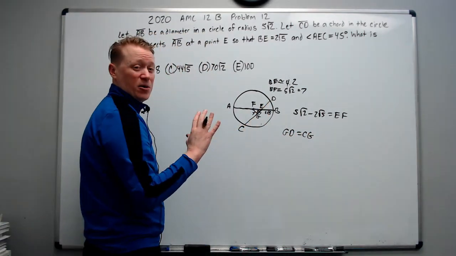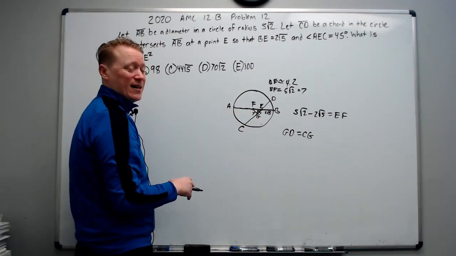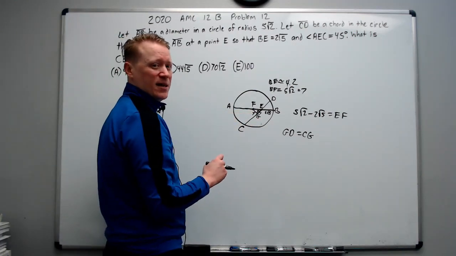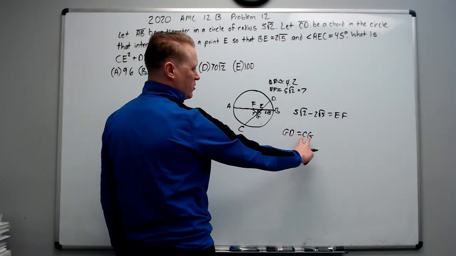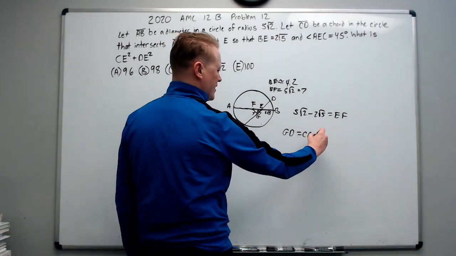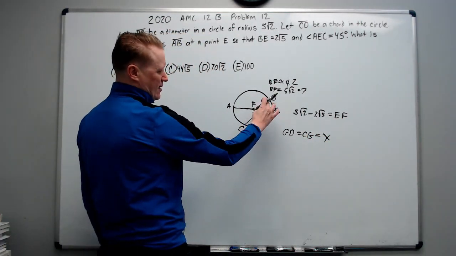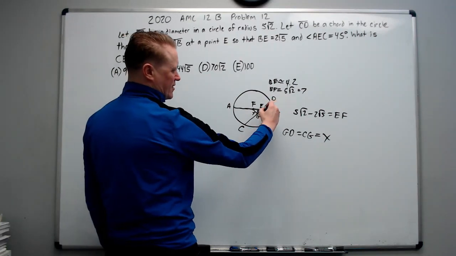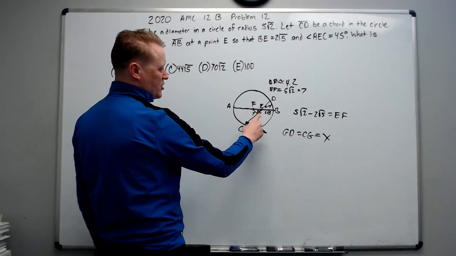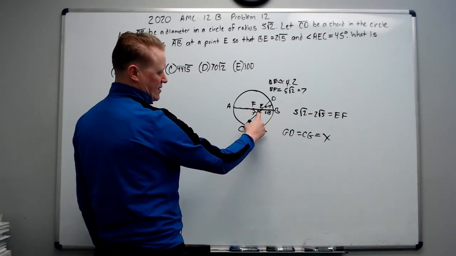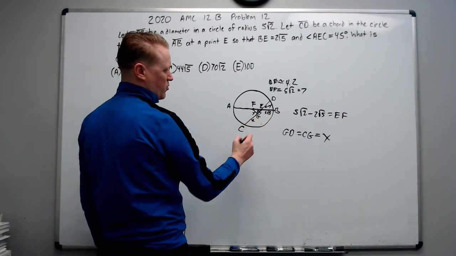CG and GD are bisected because FG is perpendicular to CD. It's a theorem in geometry. So GD equals CG is going to equal X. And that makes DE, since GD is X, DE is X minus Y, and CG, again, is X. So we have X right here.